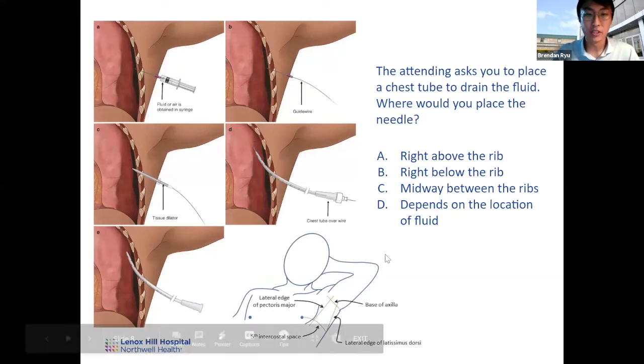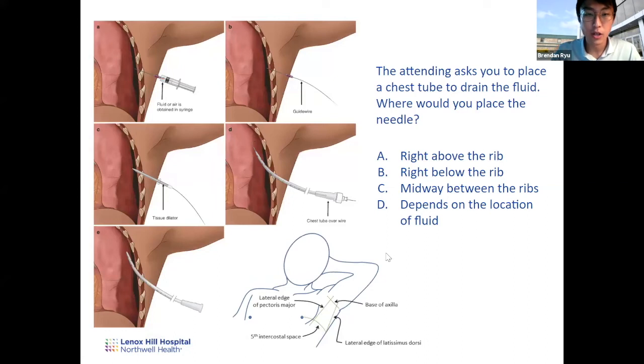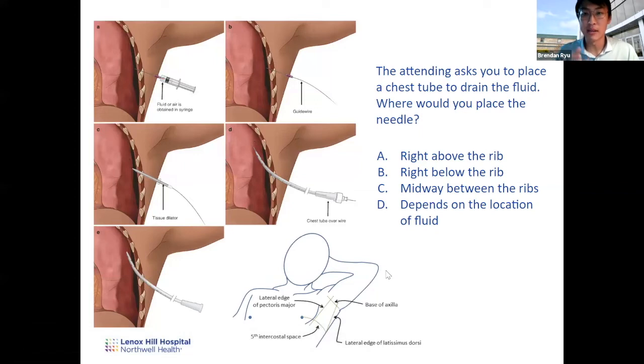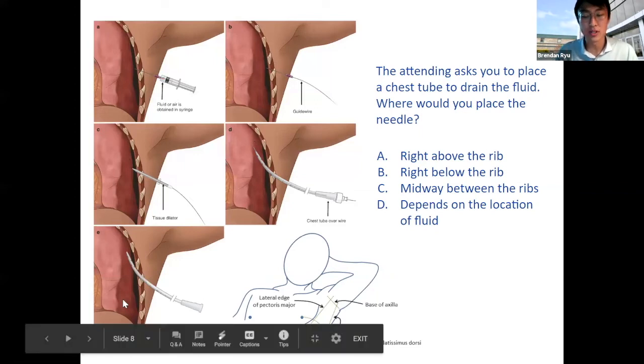Obviously we're not here to become emergency doctors, but this is a basic diagram of what's going on. You try to place this in the triangle of safety, shown in the very bottom right diagram. Here it's more like a rectangle, but that is the safe zone where you wouldn't necessarily hit important structures such as blood vessels, nerves, and veins.